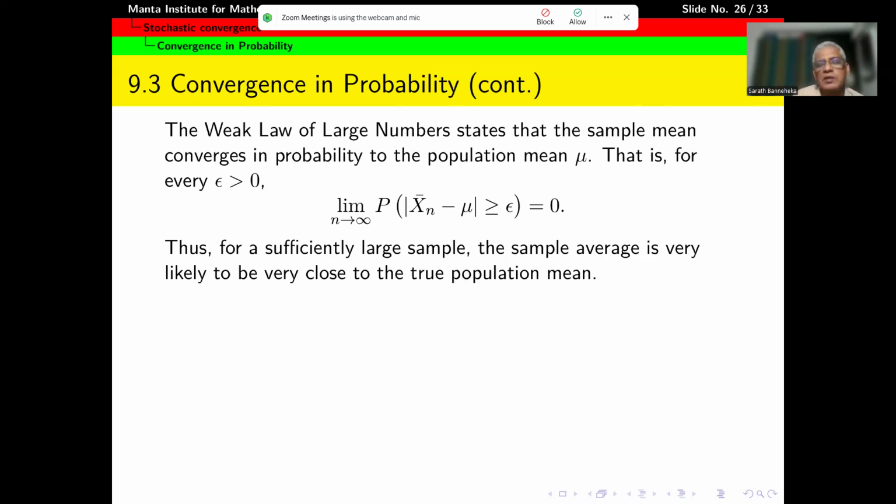And that will happen especially for the sample mean. If the random variable you're considering is the sample mean with sample size n, xn bar, it will converge to the population mean in probability. So that is what we call the weak law of large numbers.